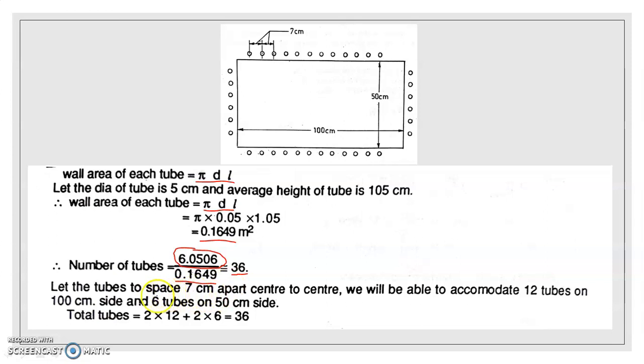Adjacent tubes should be spaced 7 centimeter apart, center to center. So we have to accommodate them. Consider that we are accommodating 12 tubes on the 100 centimeter side.